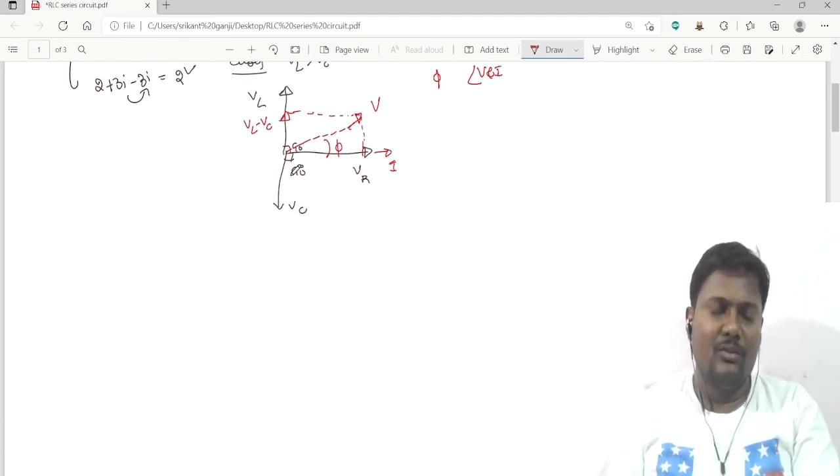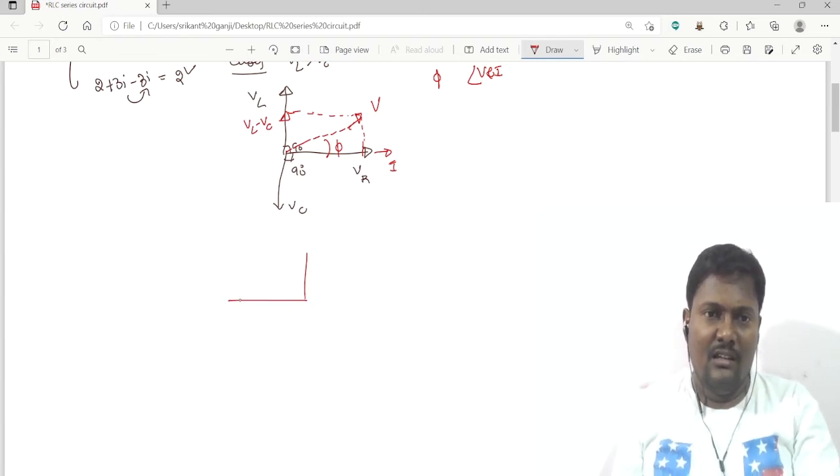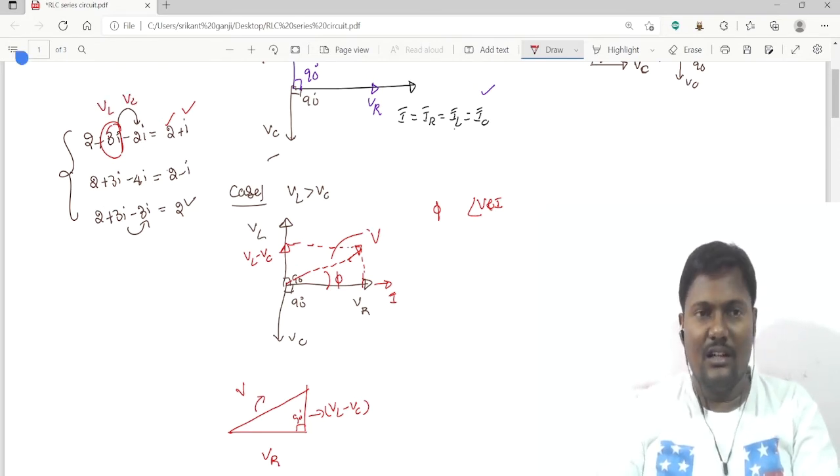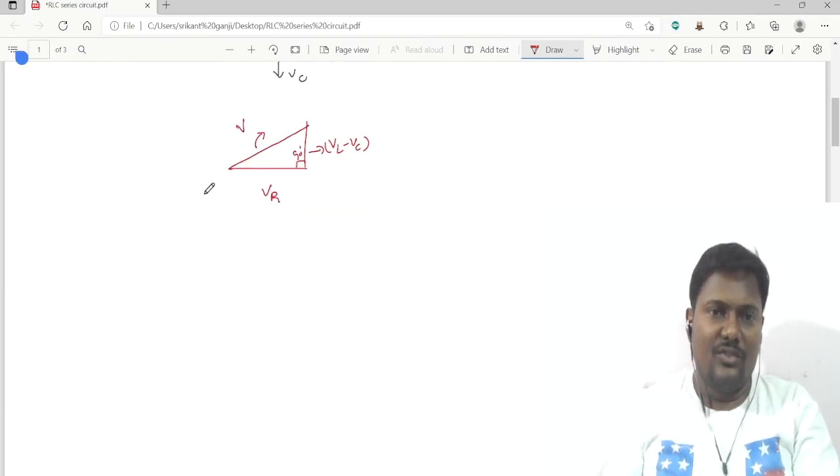From this we get the voltage triangle like this. The base component is VR, the hypotenuse is V, and the other side is VL minus VC. Here I am getting the positive imaginary axis, like 2 plus 3i minus 2i, that is 2 plus i. If VL is greater than VC, then I get it as positive.